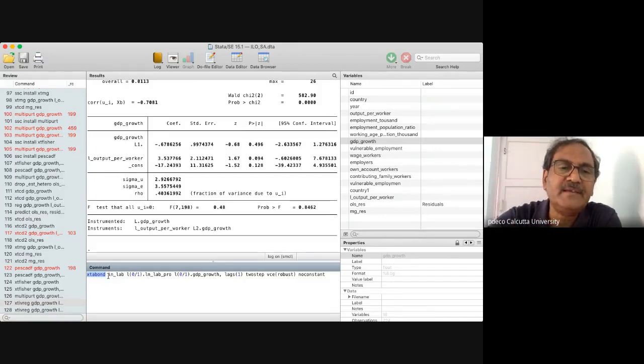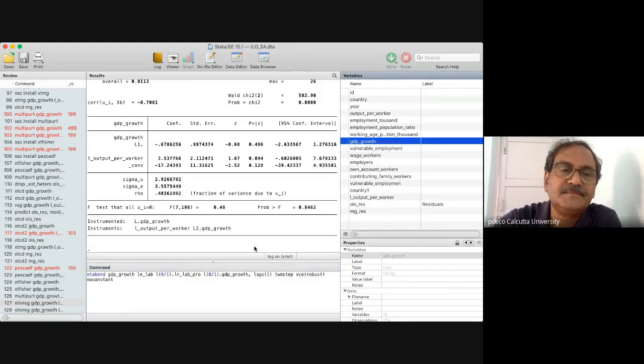Then you have to write the dependent variable. What is the dependent variable? GDP growth.